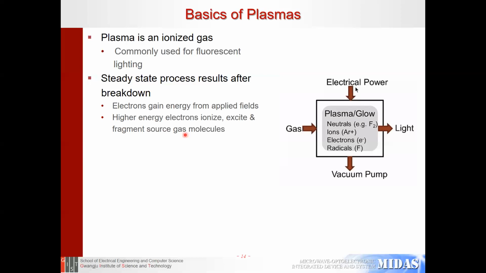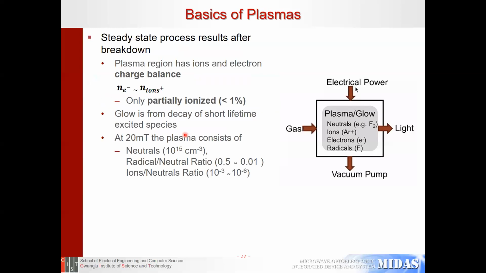So as I said, plasma is a steady state process. After breakdown, in the plasma region, we mainly see the glow. We have the charge balance, where the density of the electrons is equal to the density of positive ions.